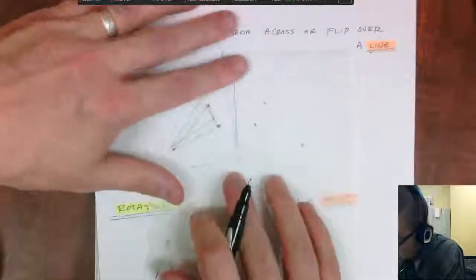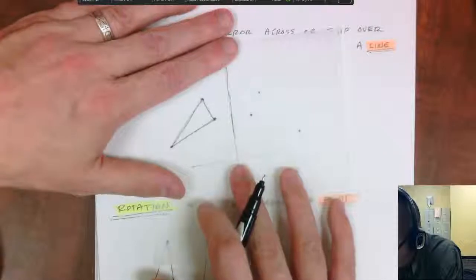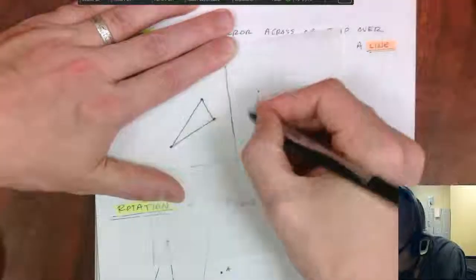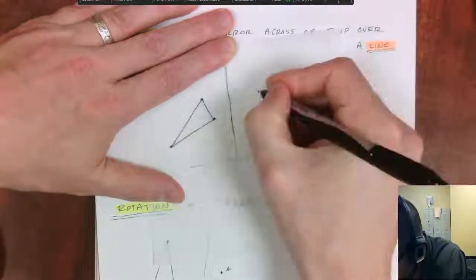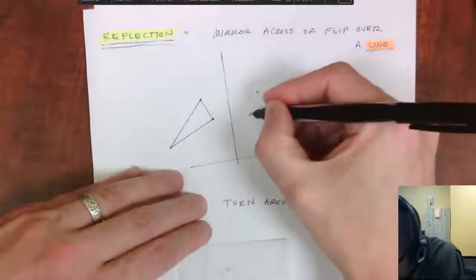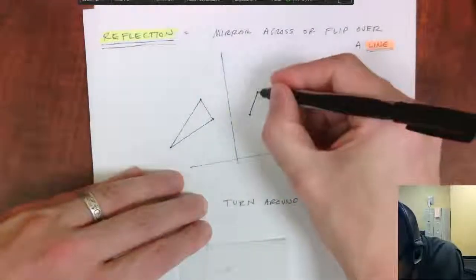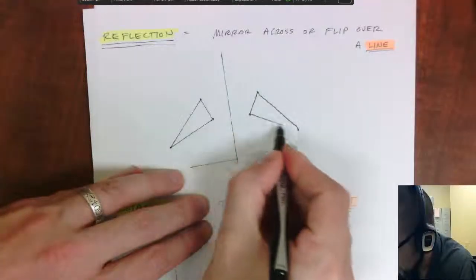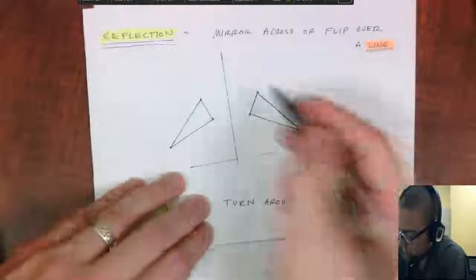Now I'll put it back on the paper, and this is where my new triangle is going to be. I'm just going to push those dots into the paper so that they'll copy through. There we go. So now that shape is mirrored across that line.